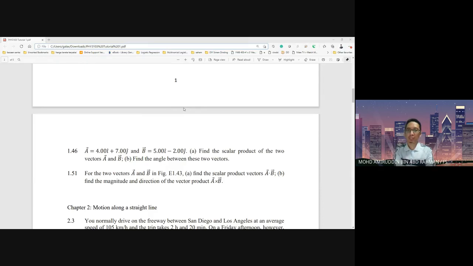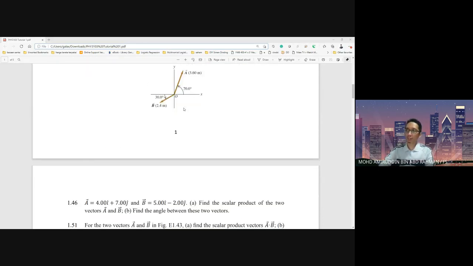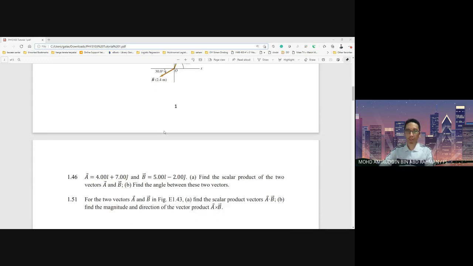But it will be in the direction of negative, because with cos 140 you obtain the negative result.